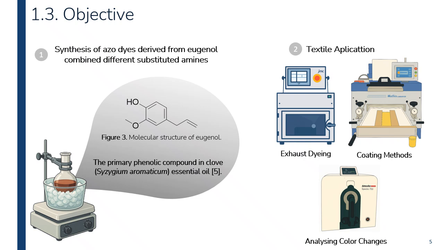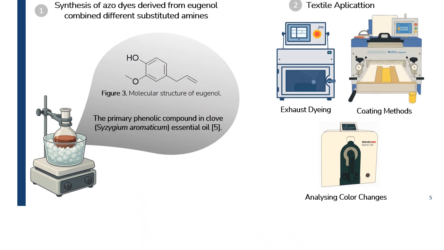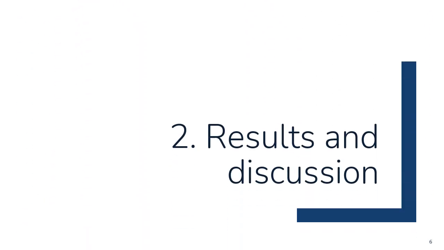Then, in the second phase, we applied the dyes on fabrics using exhaustion dyeing and coating methods. We also tested their washing and light fastness, analyzing color change with the CIELAB system. Next, we present the results and discussion.